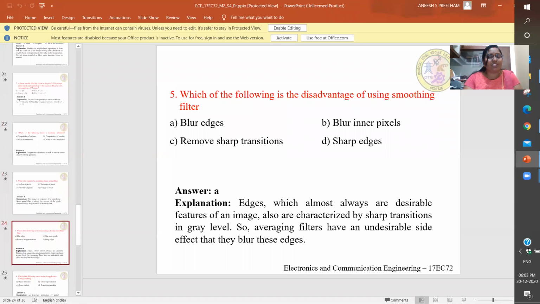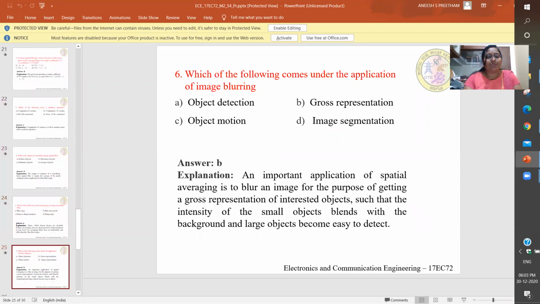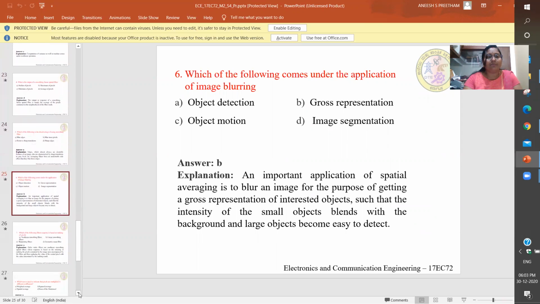So next question, sixth one. Which of the following comes under the application of image blurring? First one, object detection. Second, gross representation. Third one, object motion. Fourth one, image segmentation.